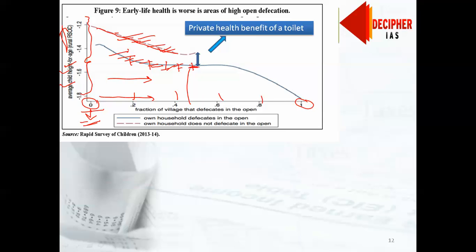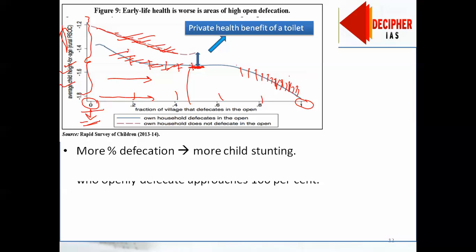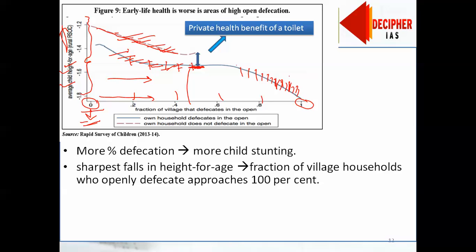We have much more stunting of the children born in this place, and more stunting when more and more people defecate in the open in the villages. So the more the population defecating in the open, the more the child stunting. The sharpest fall in height for age is when the village households completely defecate in the open, that is, when 100% of the people in the village defecate in the open, there will be huge stunting.